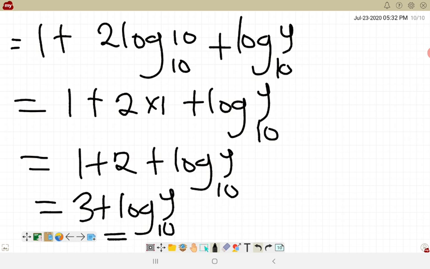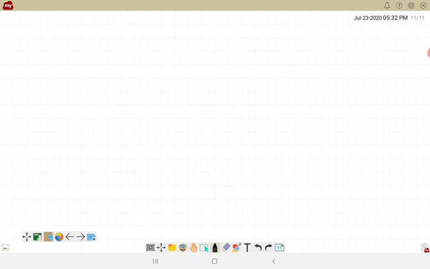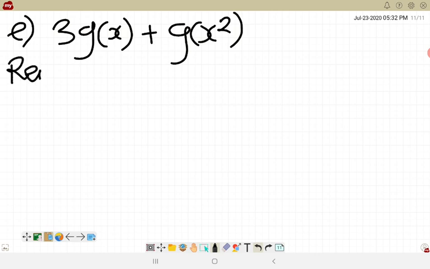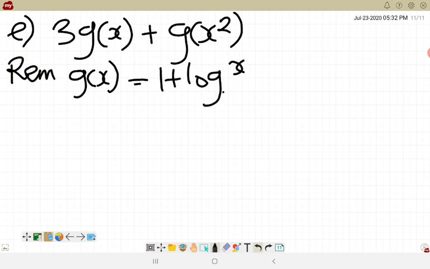Okay, so the next example, example E. Find 3g of x plus g of x squared. Remember that g of x equals 1 plus logarithm of x base 10.